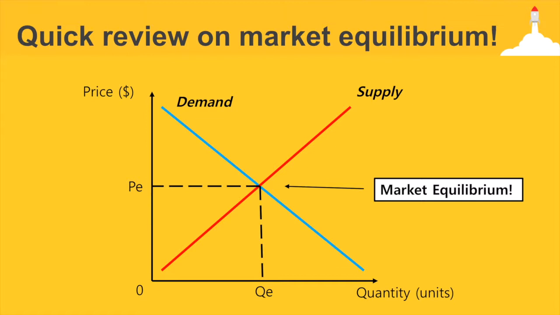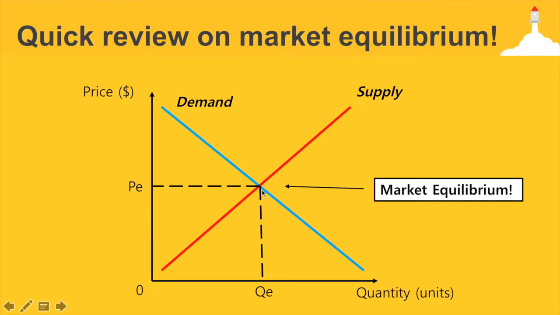Here's a diagram of a market where there are demand and supply curves, and as we learned in the previous video, market equilibrium is where demand and supply meets. In other words, demand curve and supply curve crosses each other. So as you can see on this diagram, the equilibrium price will be PE, and the equilibrium quantity will be QE, which is the place where demand and supply meets.